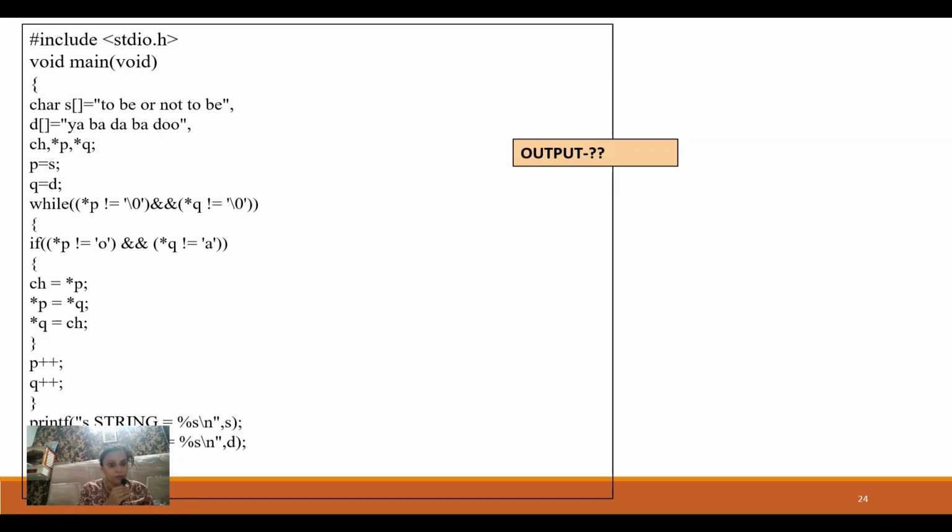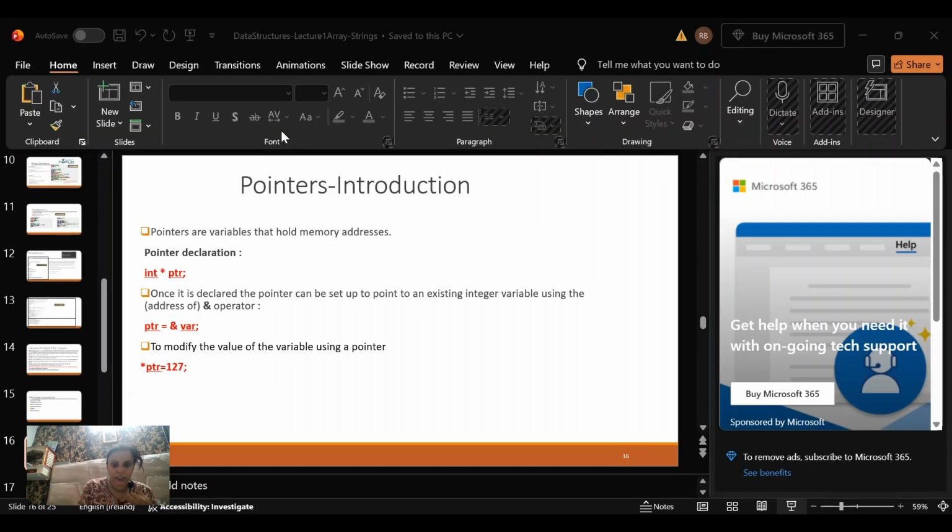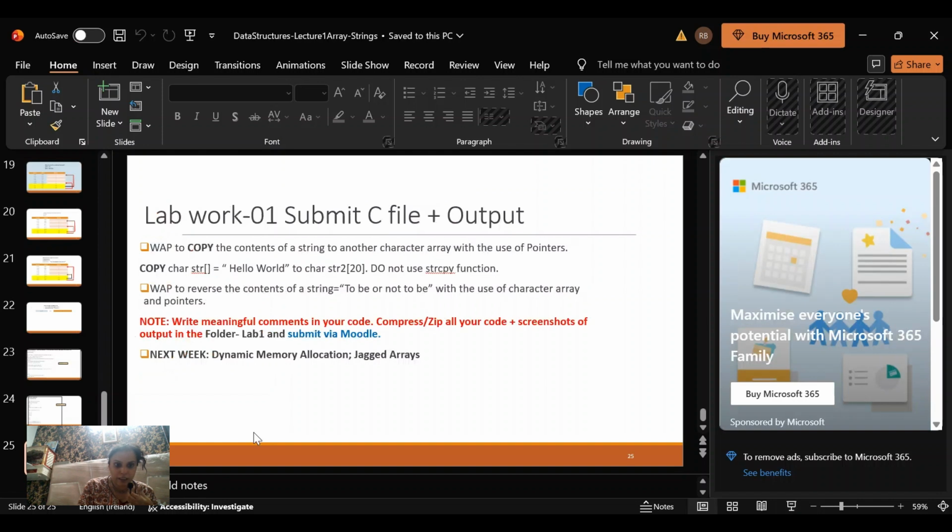Now S has become 'yaba daba do', and Q has become 'to be or not to be'. So that is it. In the next class we will continue with dynamic memory allocation.